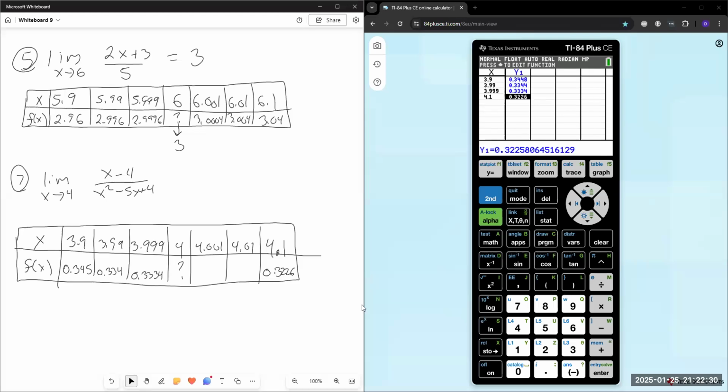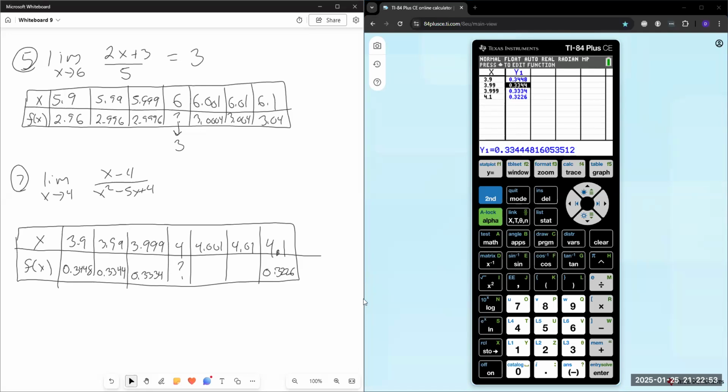Let me go back and look at 3.9 again to 4 decimal places. 0.3448. And this is 0.3344.